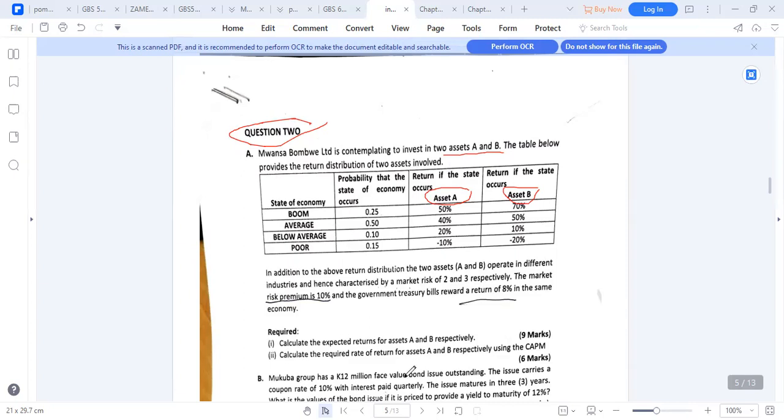So when answering this question, if you want to find the expected return of A and B, let me use the whiteboard. We have the P, which is 0.25, then 0.50, 0.10, 0.15.